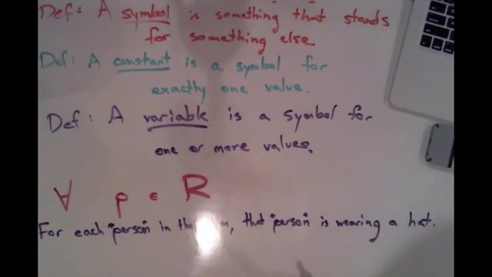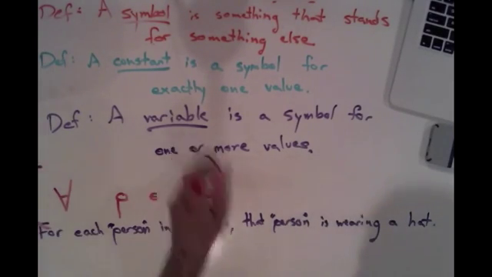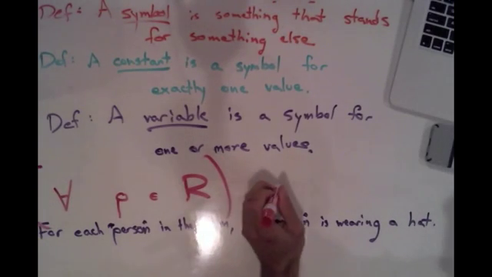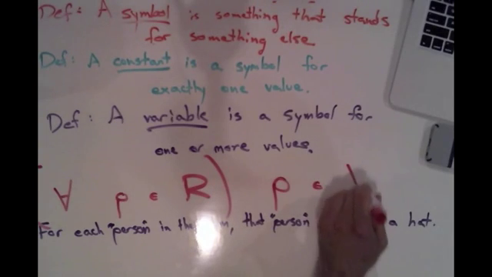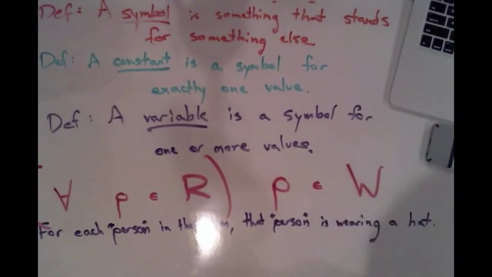So R could be the set of all people in the room. For each person in the room, that person is wearing a hat. W can be the set of all people that wear hats. For each person in the room, that person is wearing a hat.